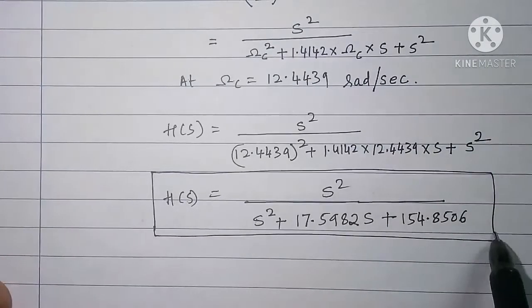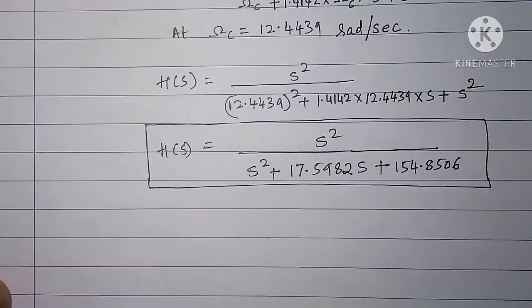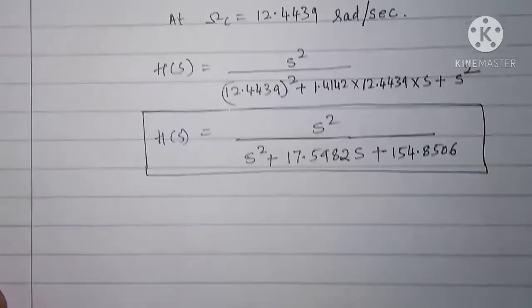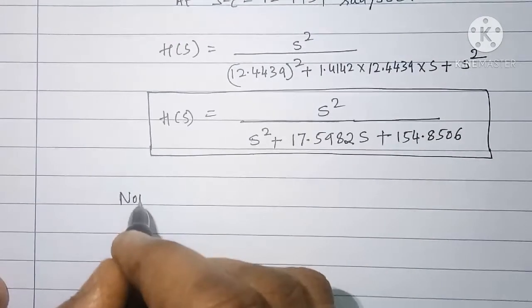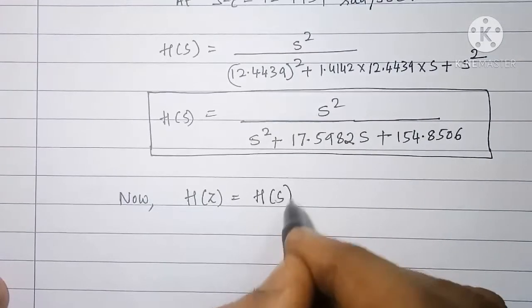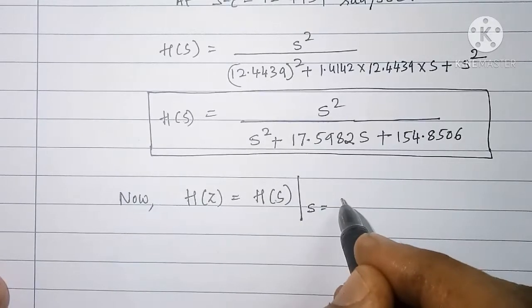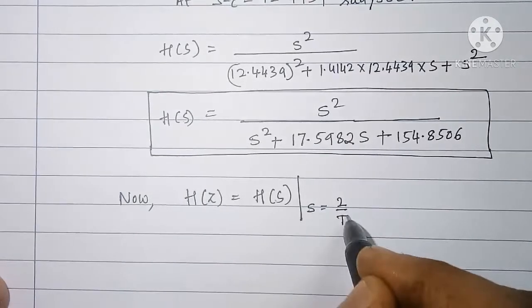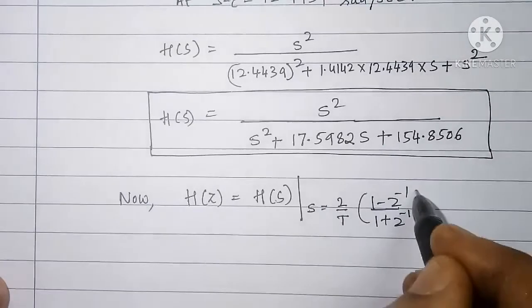From this, now we have to obtain digital high pass Butterworth filter's transfer function H(z). Now H(z) is equal to H(s) at s equal to 2 by T into the bracket (1 minus z raised to minus 1) upon (1 plus z raised to minus 1).